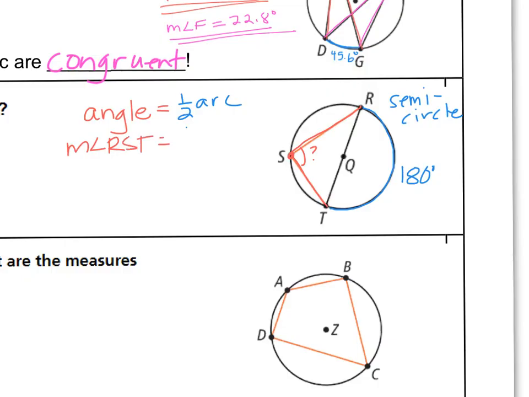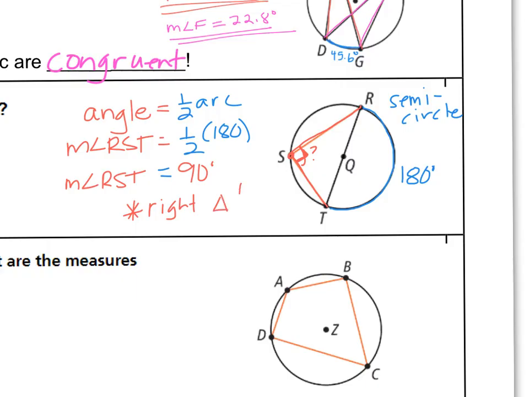So we're going to take half of 180. Well, what's 180 divided by 2? That would be 90 degrees. That means the measure of angle RST, if it intercepts a semicircle, is specifically a 90-degree angle. And that makes that picture have a right triangle on the inside of the circle.